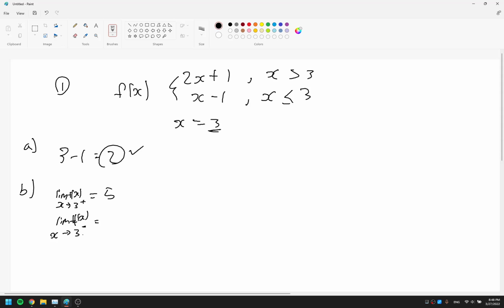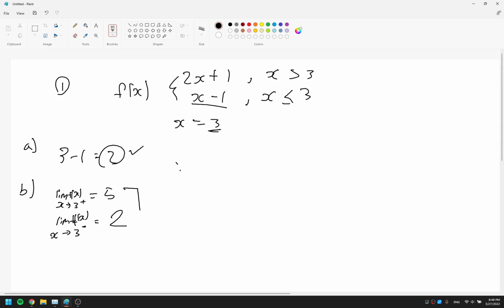Approaching from the left side, not the right side, it will be this function right here, since it's coming from less than or equal to 3, so it's 2.